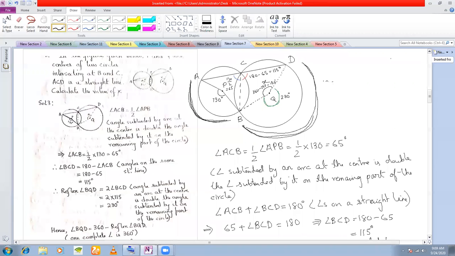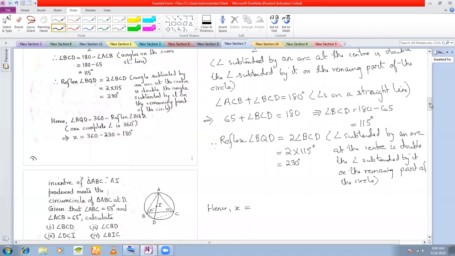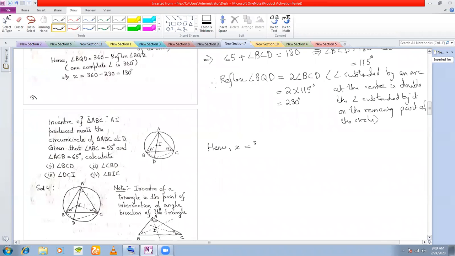Therefore, this angle X here must be 360 minus 230, which is 130 degree, because it is one complete angle. Okay, so this finishes off with your.